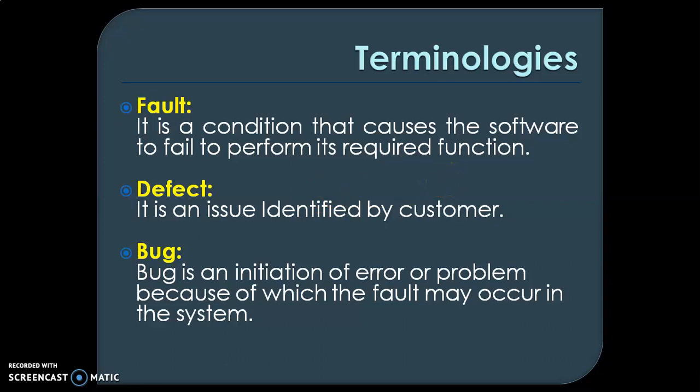If you deliver it and it is tested by the customer, acceptance testing is there, we will see later, so the defect will be found there by the customer. Bug is an initiation of an error or a problem because of which a fault may occur in the system. These are some terminologies used in software testing.